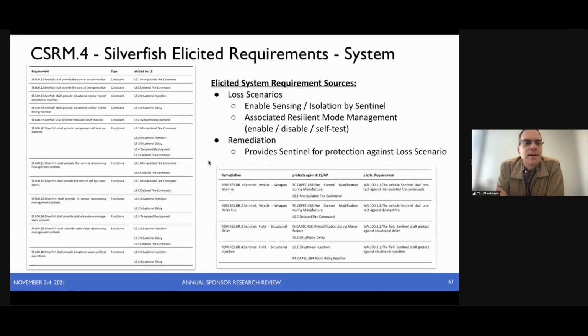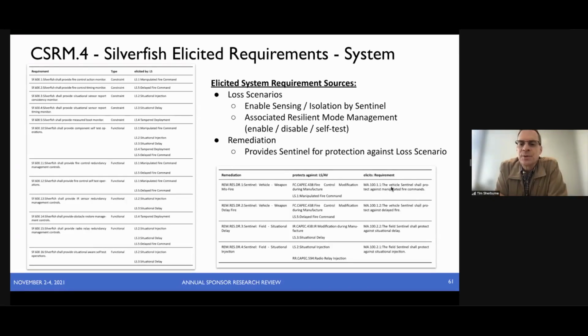And then we have a set of requirements, again, for this set of resilient modes for the system. We are eliciting requirements. These are more like Sentinel-based requirements.